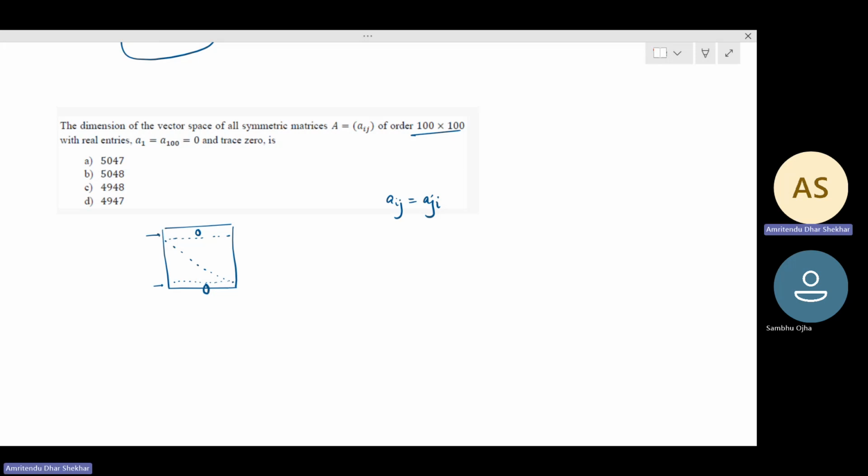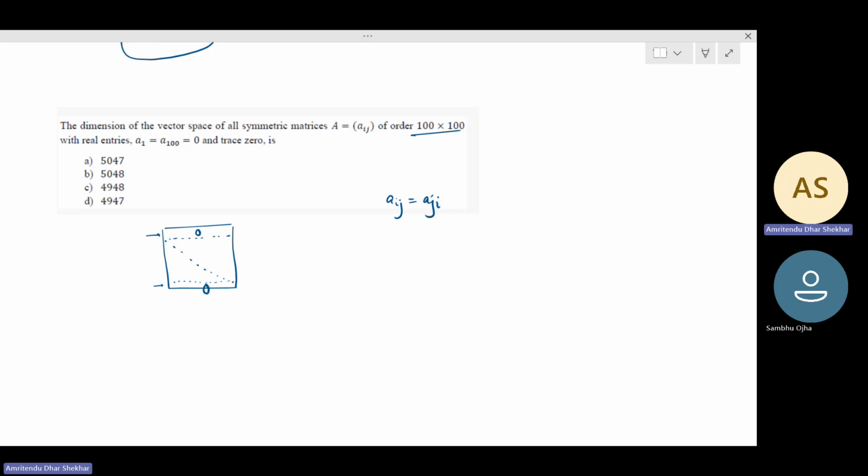But the space of all symmetric matrices will have a lesser dimension. So what is the dimension going to be?